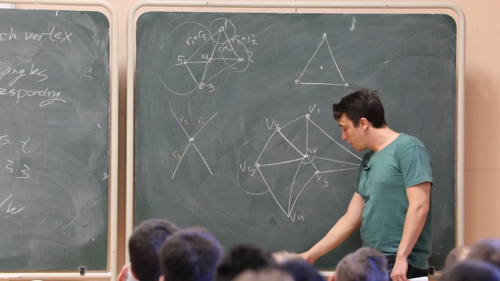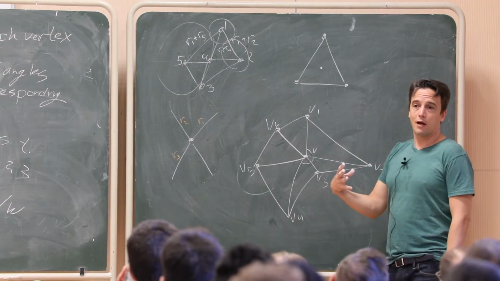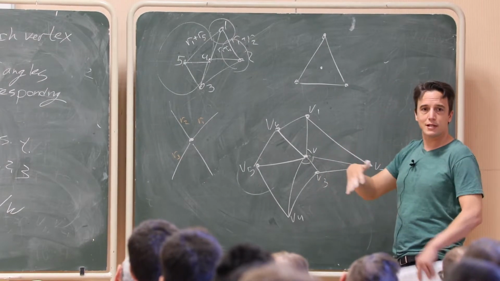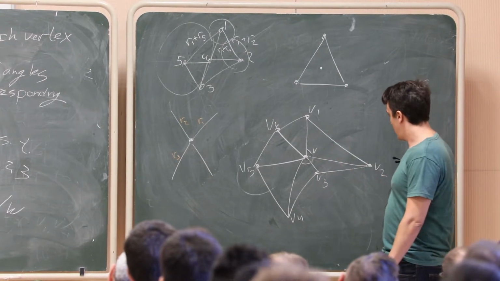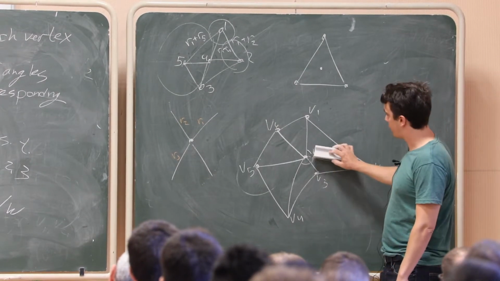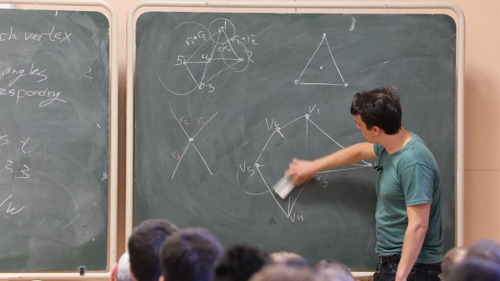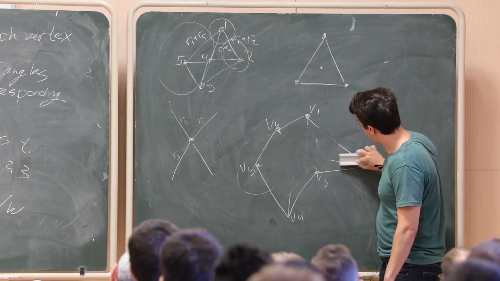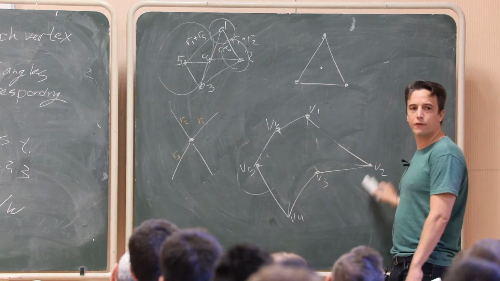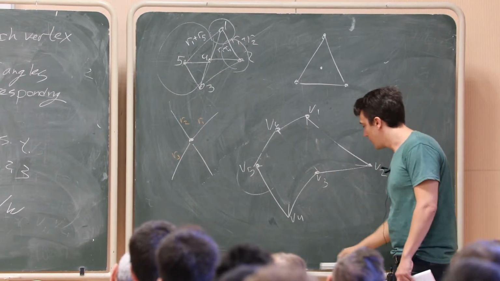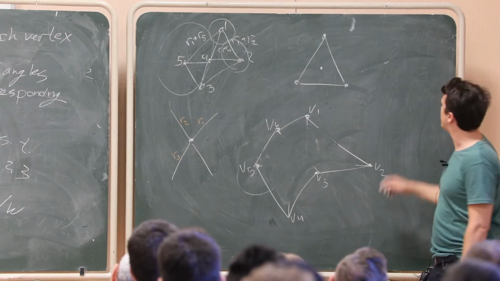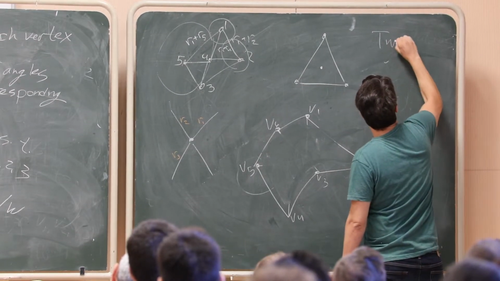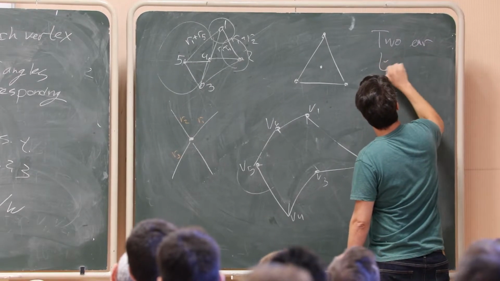And now you want to get a graph with labels that satisfy everything that I said that has one vertex less. So what you do is you erase this vertex and all the edges touching it, but you keep everything else and all the labels. And now you use a nice fact from high school geometry that is sometimes called the two-ear theorem.